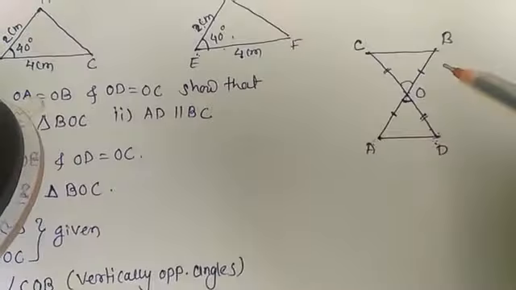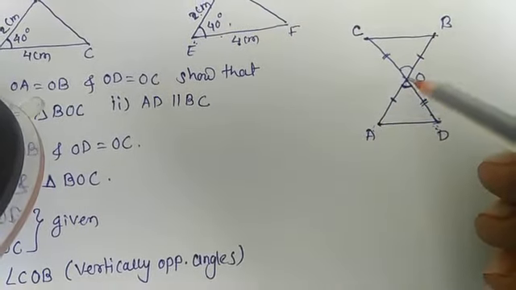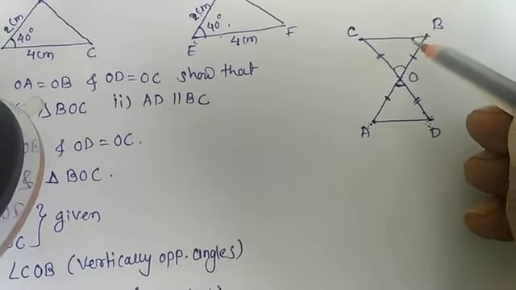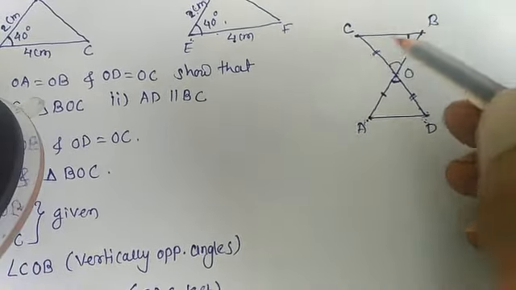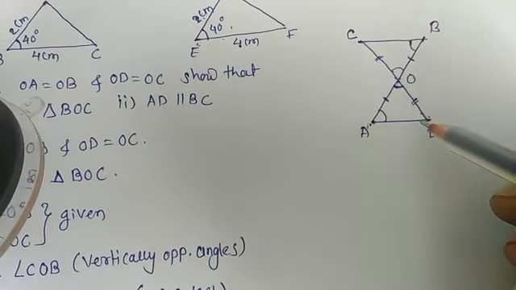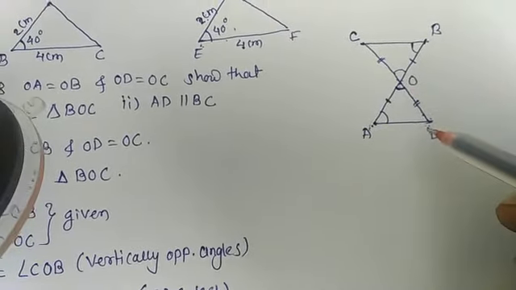In this figure, which will be the alternate angle? Angle CBA. If you consider CB as a line and BA as a transversal, this angle CBA should be equal to BAD, or CBO equal to OAD.